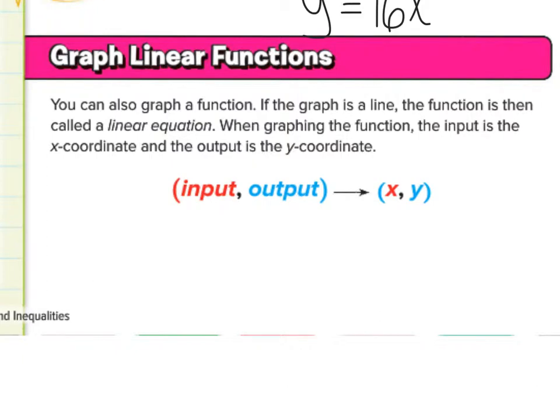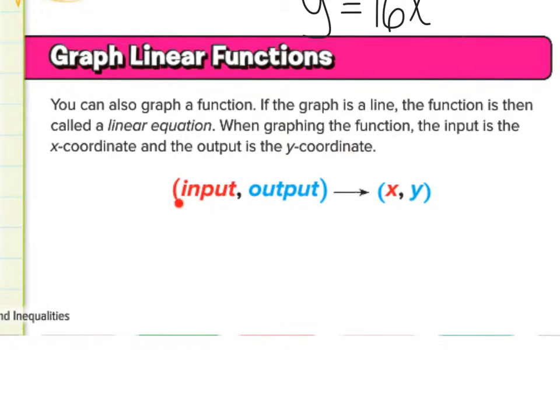Let's take a look at our second key point for this lesson. Here we have graph linear functions, right? And how the x and the y work. You can also graph a function. If the graph is a line, the function is then called a linear function or linear equation. When graphing the function, the input is the x-coordinate and the output is the y-coordinate.